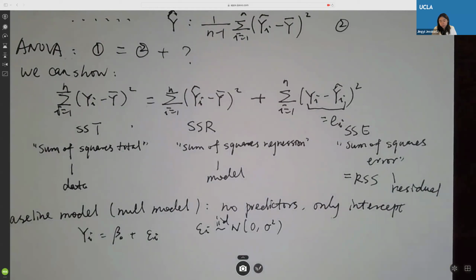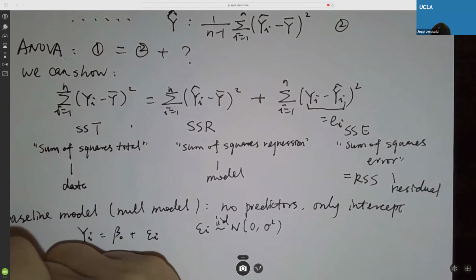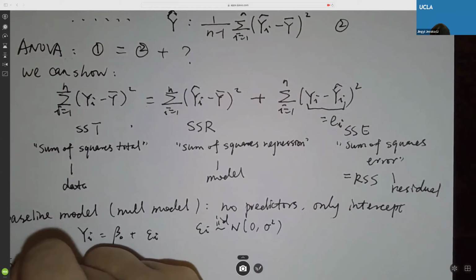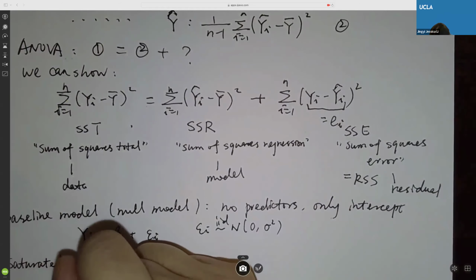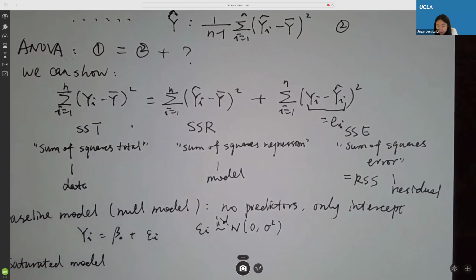So this is one extreme: all predictors are gone. Another extreme is the so-called saturated model. I'm just introducing the terminologies so that we can use them later. The saturated model is basically one parameter, one expected value per response.